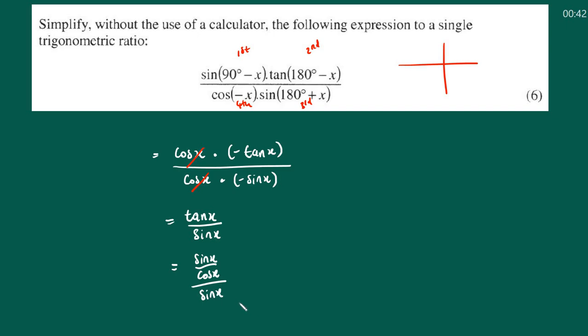Then you know what you're going to say? The one at the bottom, we multiply by it. So we must write this as sine x over cos x, and then we say multiply by sine x. Which is very, very wrong.